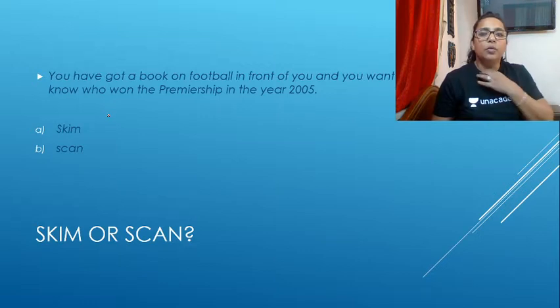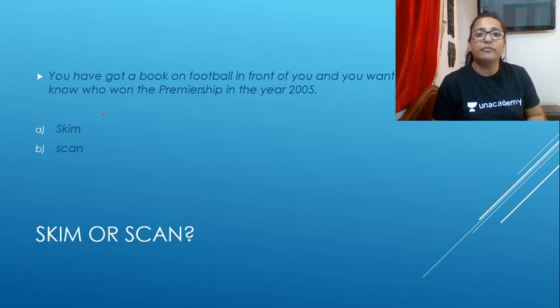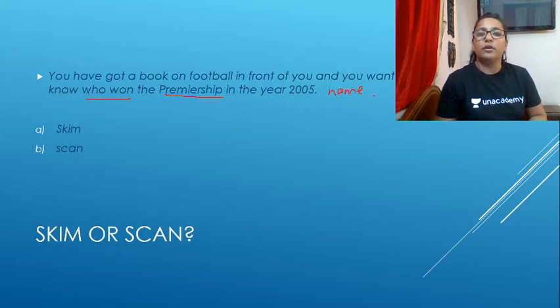The next one, you've got a book on football in front of you and you want to know who won the premiership in the year 2005. Who won? The question is who won the premiership. So I'm obviously looking for the name of a person or a team. So in this question, you have to specifically look for the name of a person or a team.